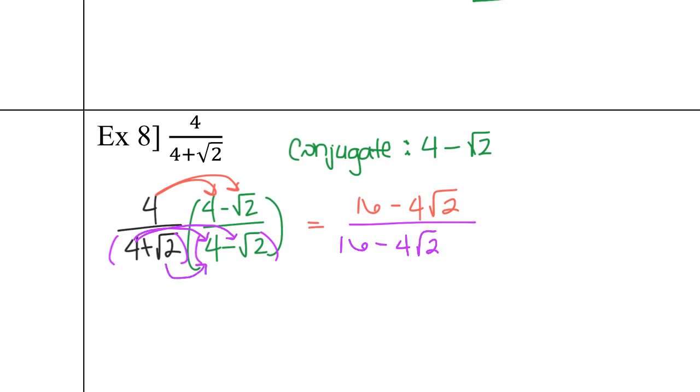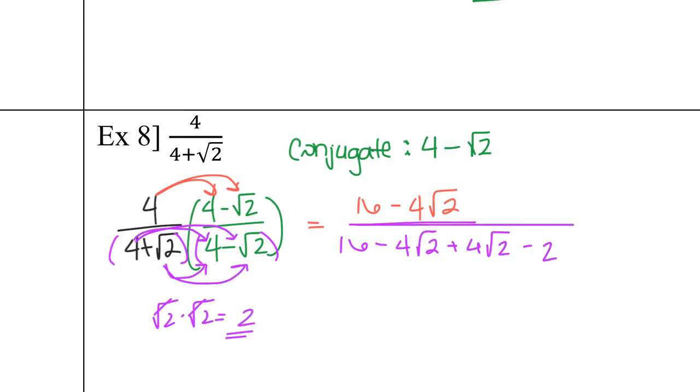Square root of 2 times a positive 4 makes a positive 4 square root of 2. And the square root of 2 times negative square root of 2 makes a negative 2. Because remember, the square root of 2 times a square root of 2, that part cancels, and all you're left with is a 2. And then a positive times a negative makes a negative.